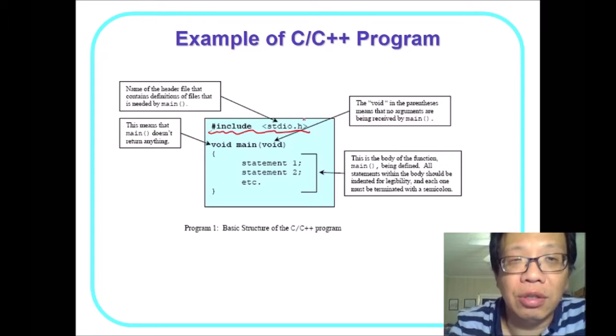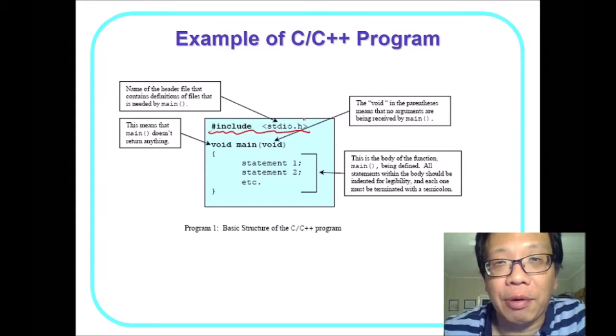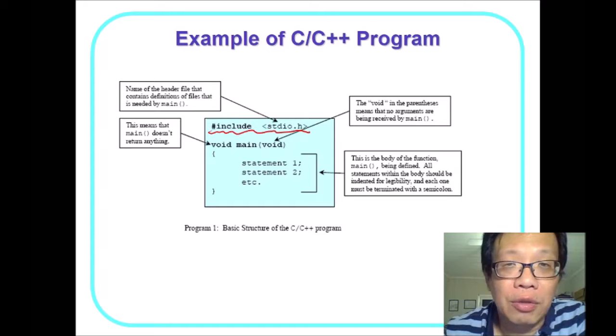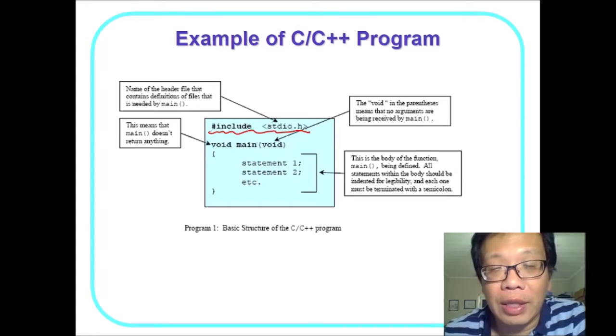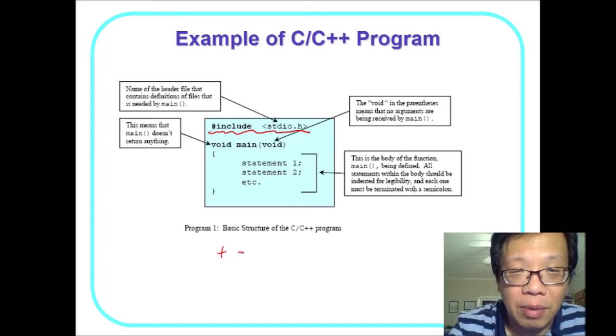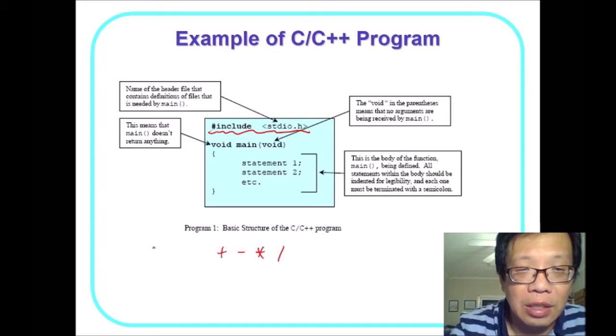This is going to include the library we want to use, because there are many things a C program doesn't know. For instance, a C program knows how to do plus, minus, multiply, and divide, but there are other things it does not know.